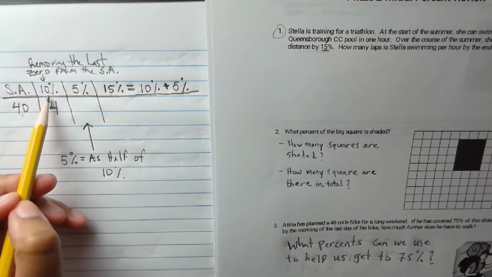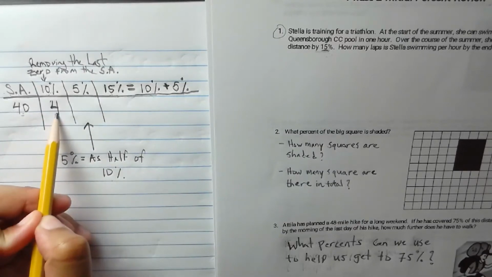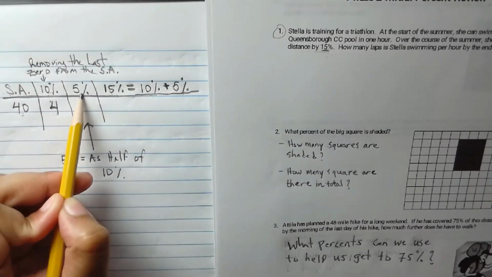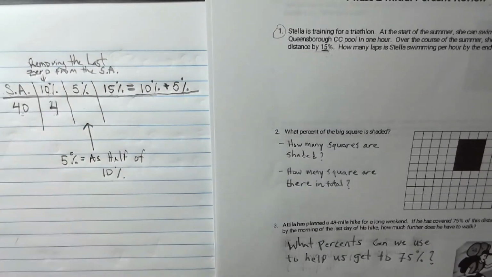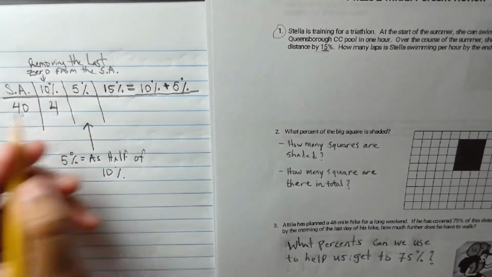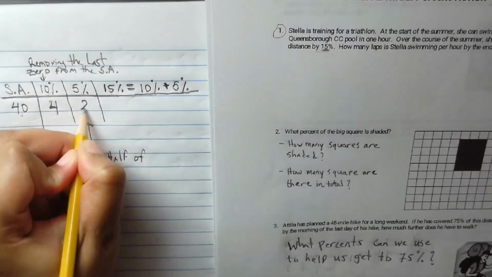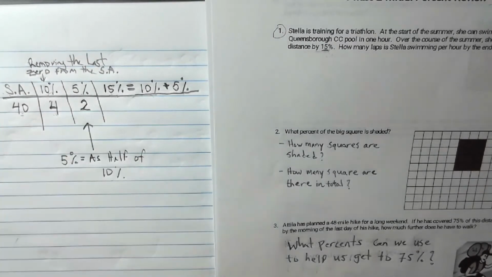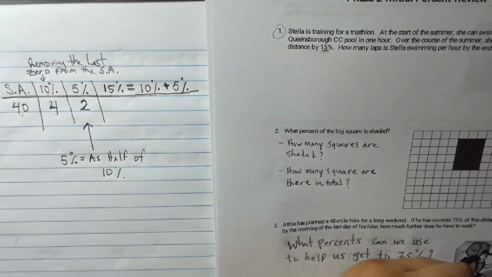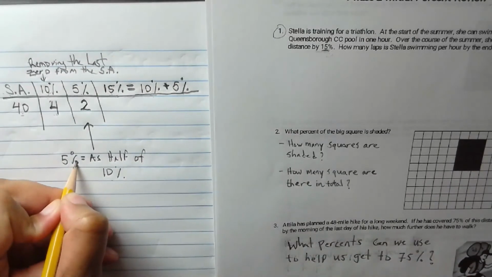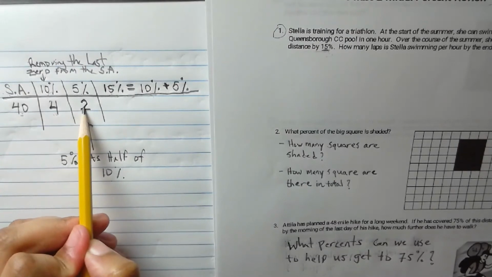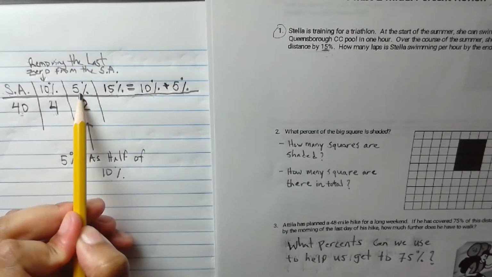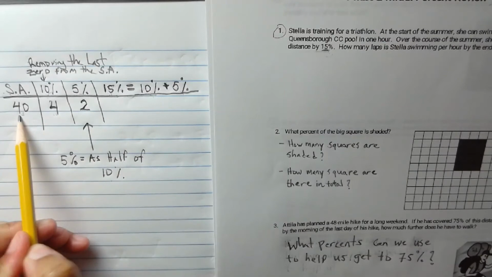So if 10% is 4, then the 5%, which is half of that, would be half of this amount. So what is half of 4? 2. Nice. Okay, so now that means 2 is 5% of 40.